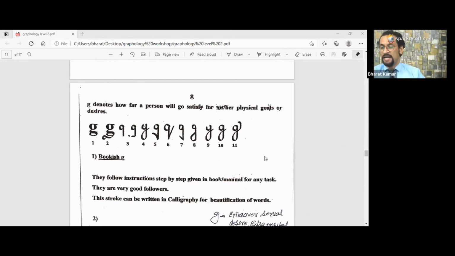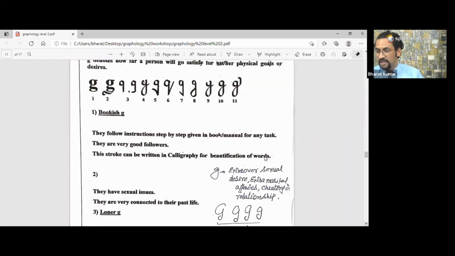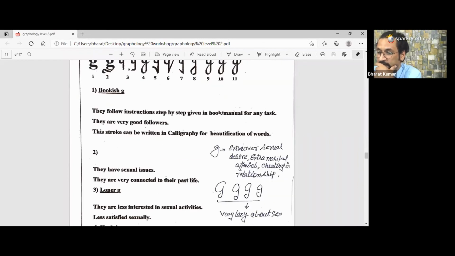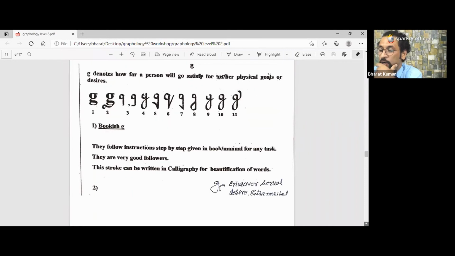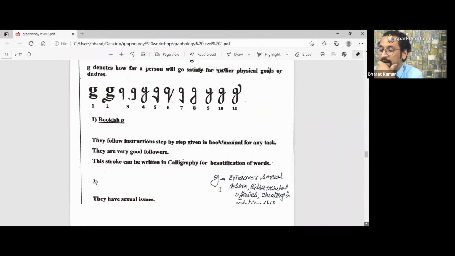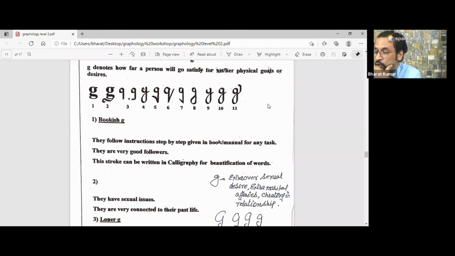You got it? Now, a few more G are here. I will explain, then 5, 6. Check this first one, the G which is written using ink. The lower loop is too wide, the upper loop is too small. Actually, the lower loop represents the desire for physical relationship.